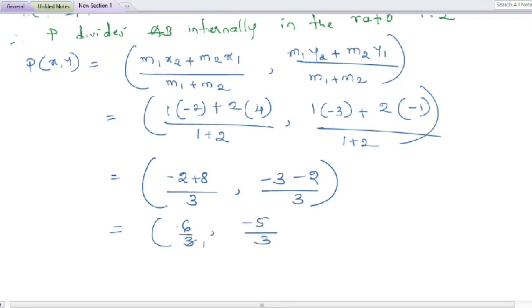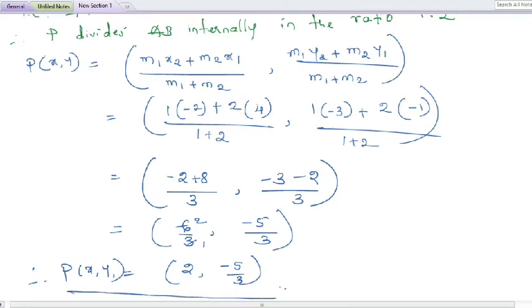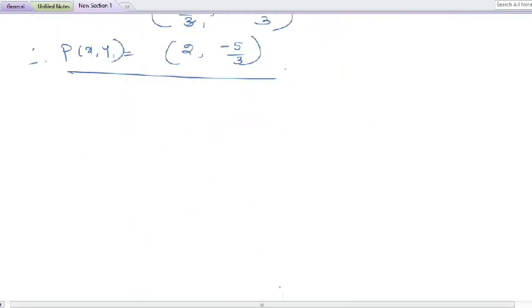So 3 twos are 6, which is equal to 2 comma -5 by 3. This is what P coordinates. Now we want the coordinates of Q.